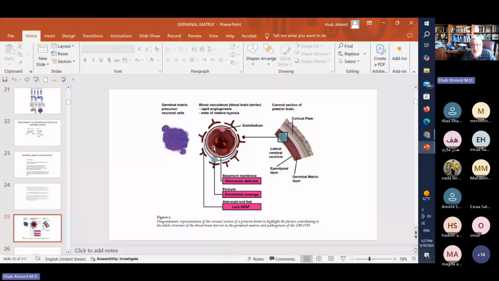So the germinal matrix before 36 weeks has a lot of blood vessels that are very fragile, in an area that is very important in the function of the brain, because these are the germinal matrix precursors that form neuronal cells. But luckily, neurogenesis stops by 20 weeks of gestation, but the glial cell precursor production continues. So if there is damage, it will affect the glial cell precursors.